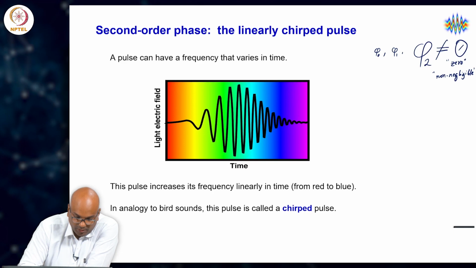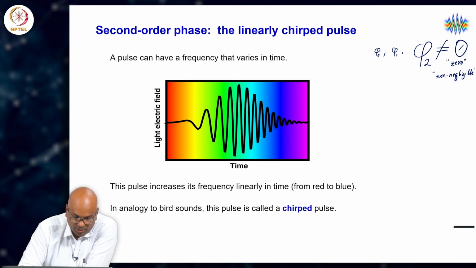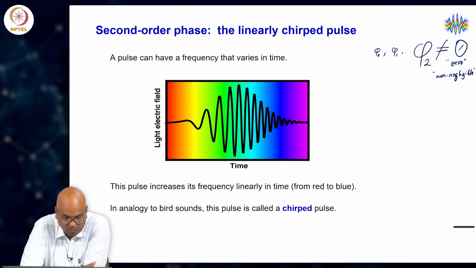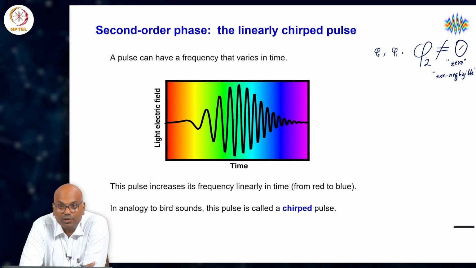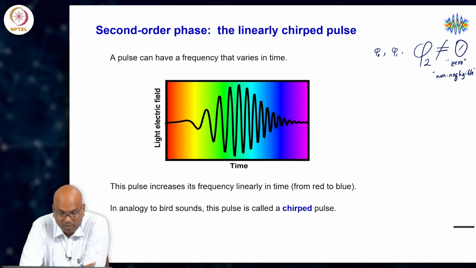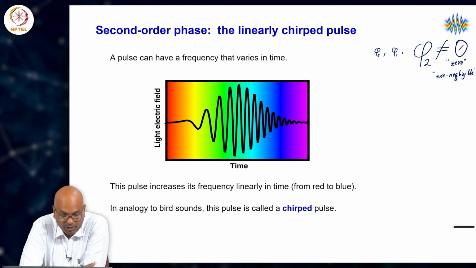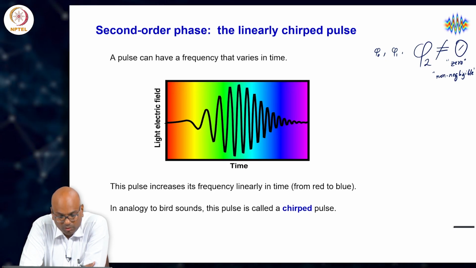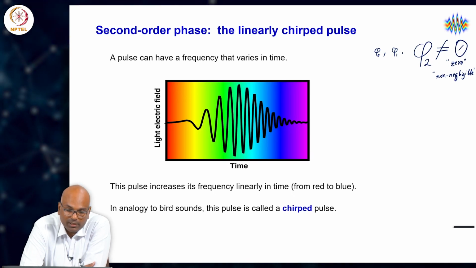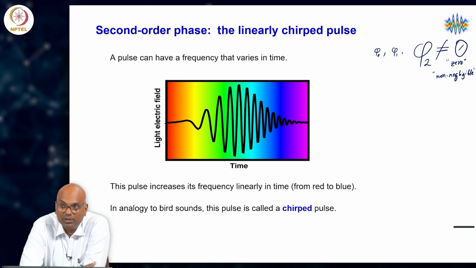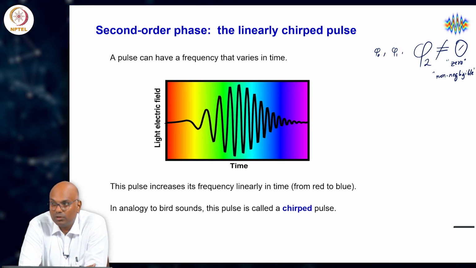So, a typical pulse, now I have sketched an electric field also in addition to the envelope, I should say, over here, where if you see it need not be in all cases that the envelope also suffers a distortion.